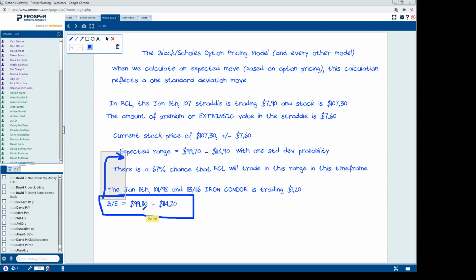So 68% certainty, 67% certainty that we're going to be good to the downside. But to the upside, we come a little short. Not much, 70 cents. But nonetheless, still short of what the market is saying the upper end of the range could be.